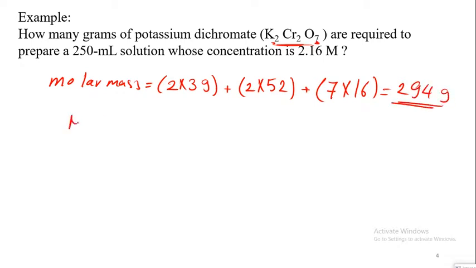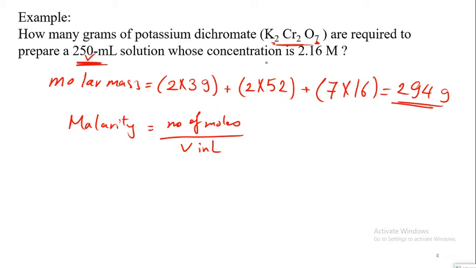So we have seen that molarity is equal to number of moles over volume in liter. This means if I know the volume and the concentration, from the volume and the concentration I can calculate the number of moles.